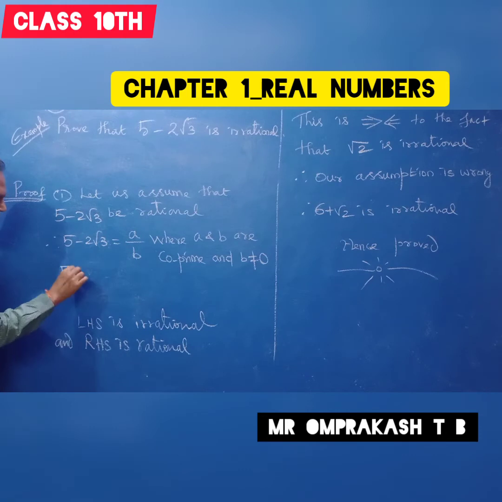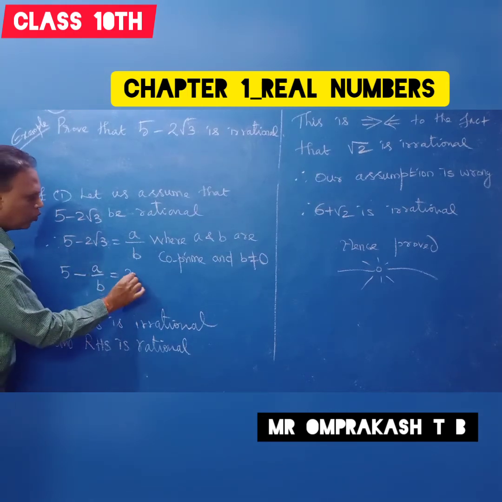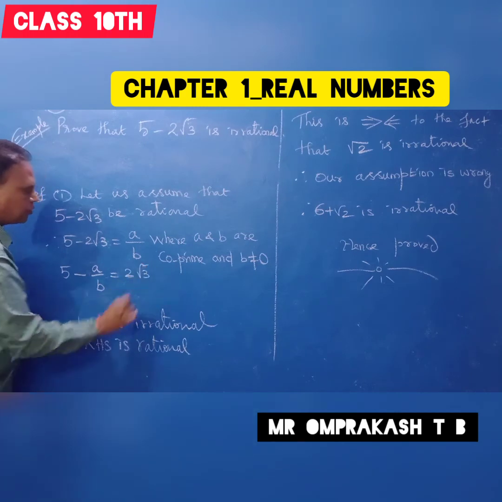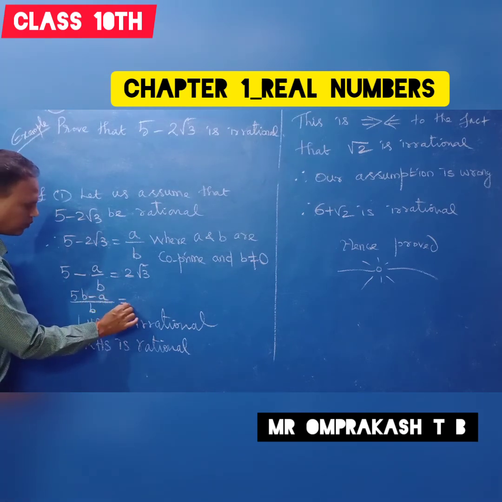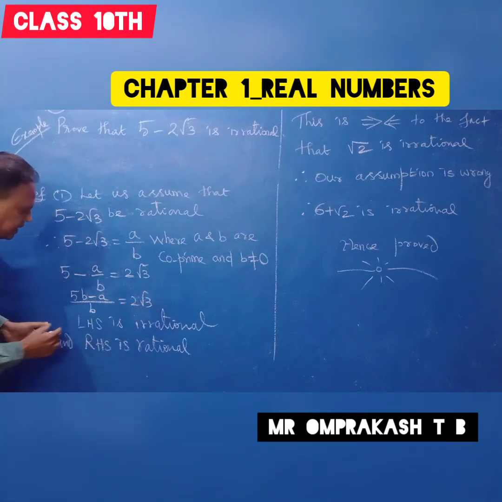this A by B, bring this side, means minus A by B equals 2 root 3. Now take B as the LCM. What will you get? Cross multiply, so 5B minus A over B equals 2 root 3, right?